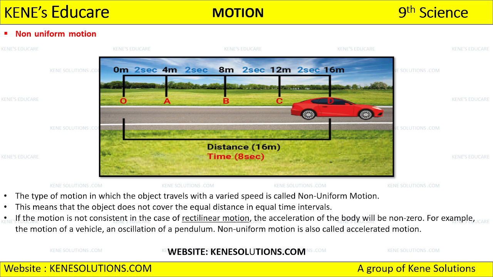And here we have one more kind of motion, that is rectilinear motion, right? So over here in rectilinear motion, the motion is not going to be consistent, okay? And the acceleration of the body with respect to rectilinear motion is always going to be non-zero.